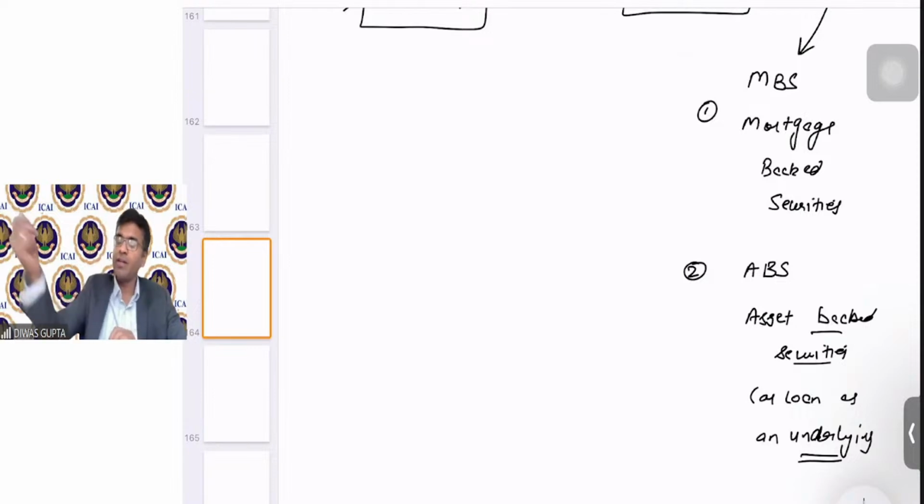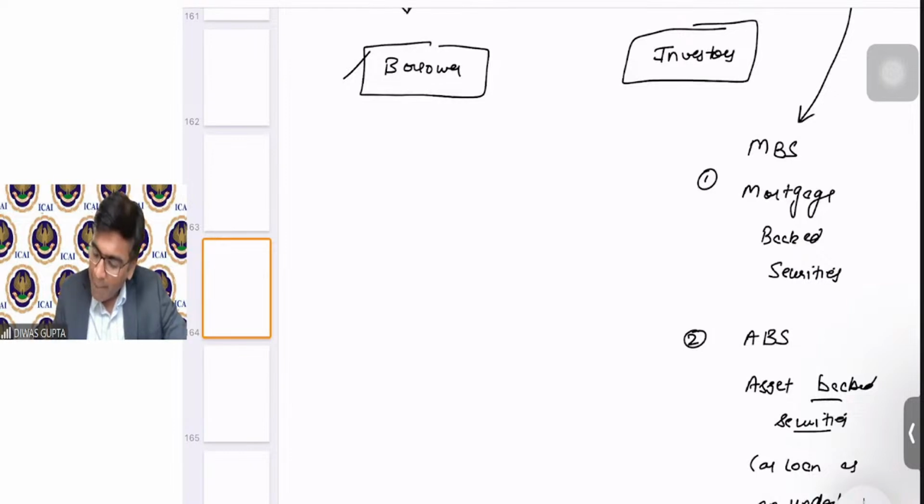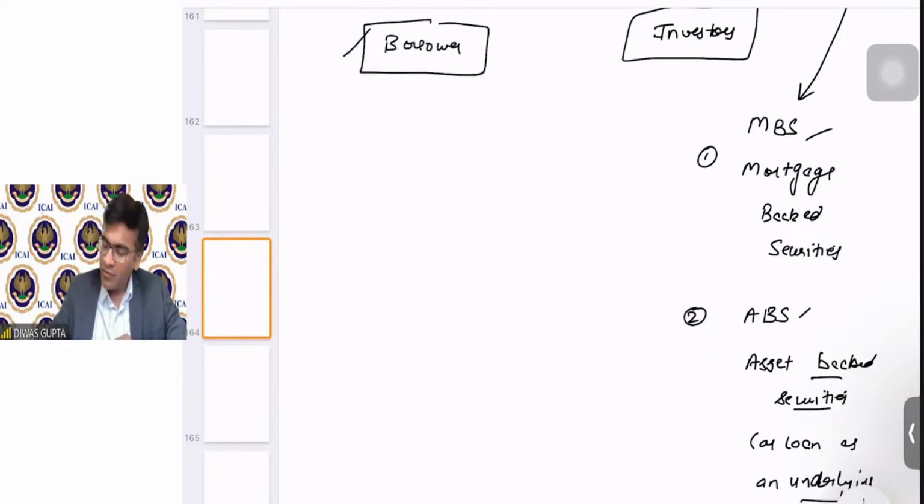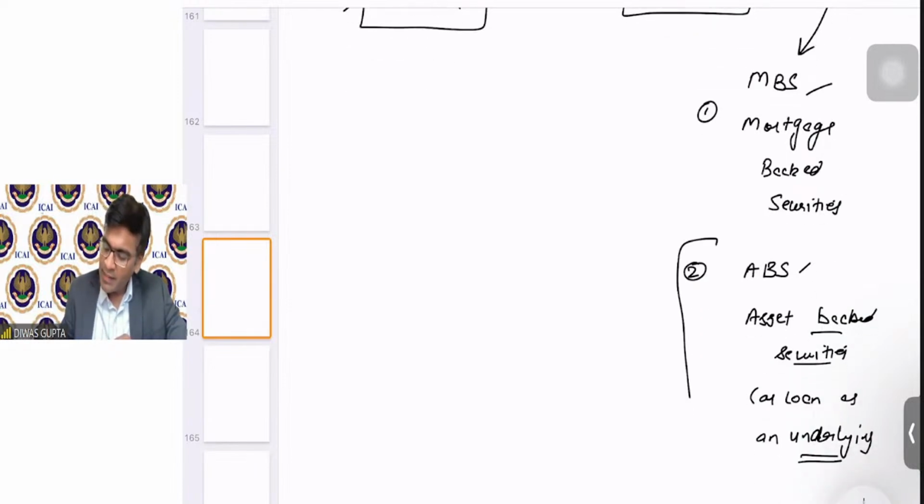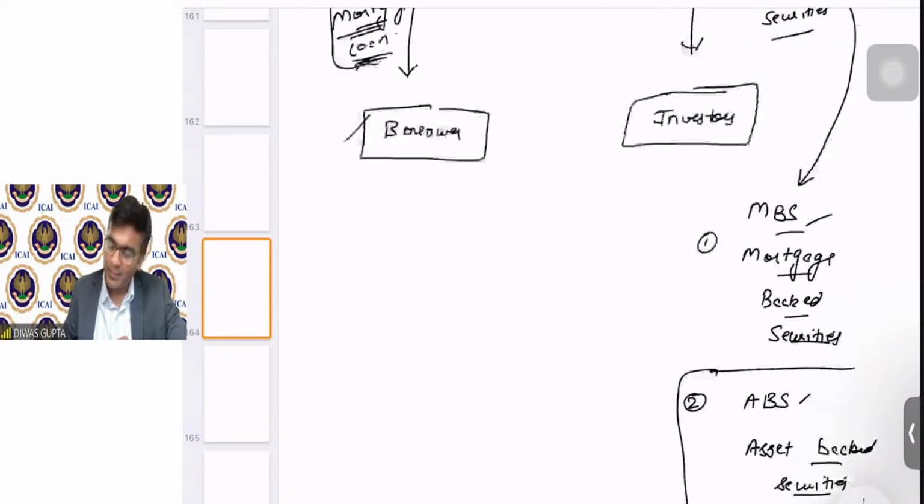Now, collateralized debt obligation, CDO, can include MBS or ABS both. The collateralized debt obligation can be relevant for MBS or ABS both. That is the first point, students. For the moment, I am keeping asset-backed security on a side. Let's take our discussion on mortgage-backed securities ahead.